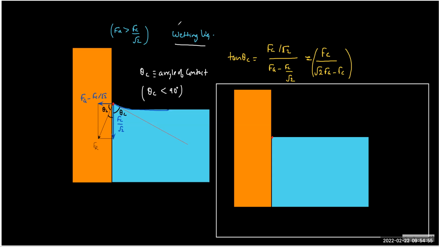And this time what I'm saying is that the dominance is the other way around. So now FC by root 2 is dominant over the adhesive force. So now we have here FC by root 2 minus F adhesive, and this is FC by root 2.